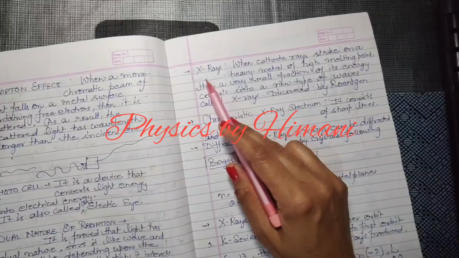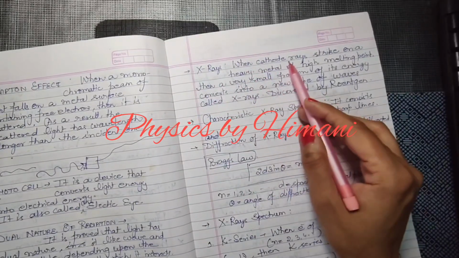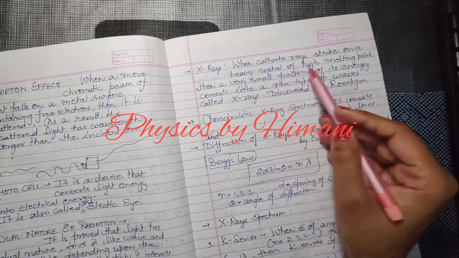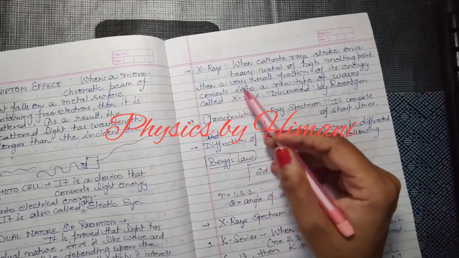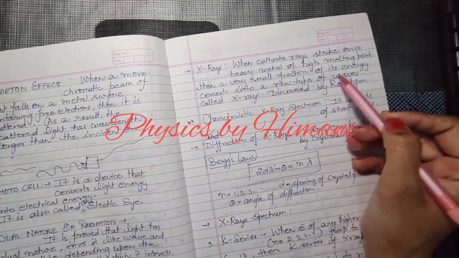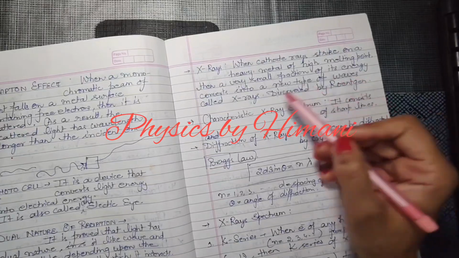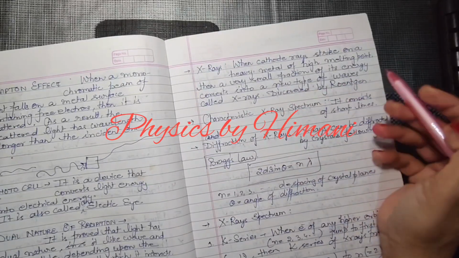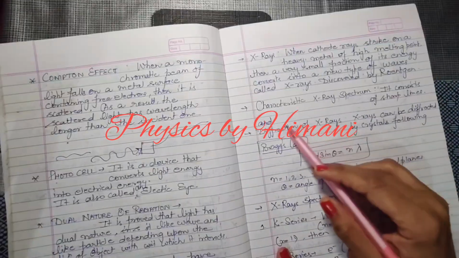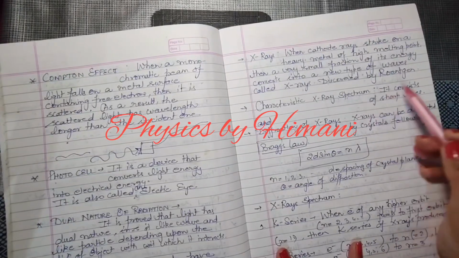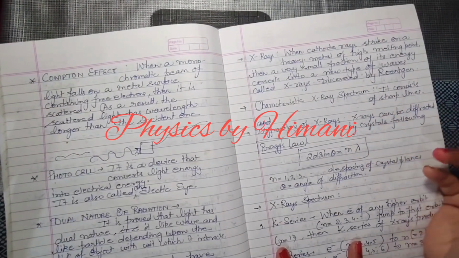Next, what are X-rays? When cathode rays strike a heavy metal of high melting point, then a very small fraction of its energy converts into a new type of waves called X-rays, discovered by Sir Roentgen. Characteristic X-ray spectrum consists of sharp lines.